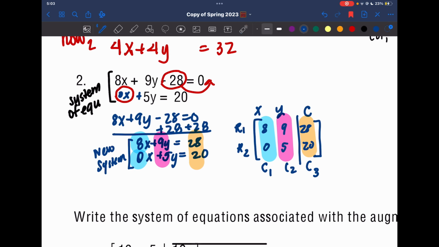So again, if you fill it out in standard form, it would be x, y, constant. That would be the row. And then the second row would be 0x, 5y equals 20. Remember, this line inside the matrix is representing an equal sign.